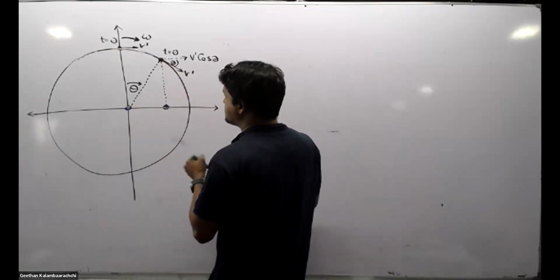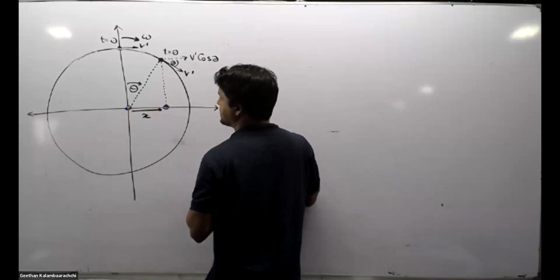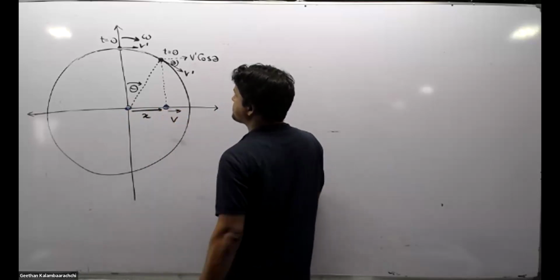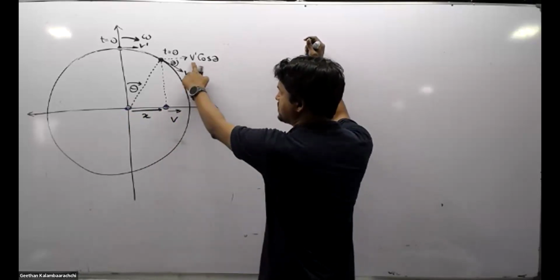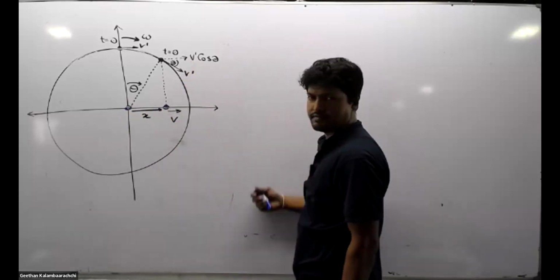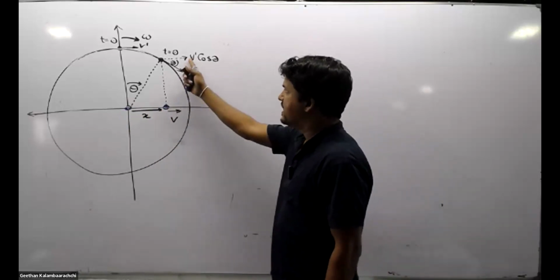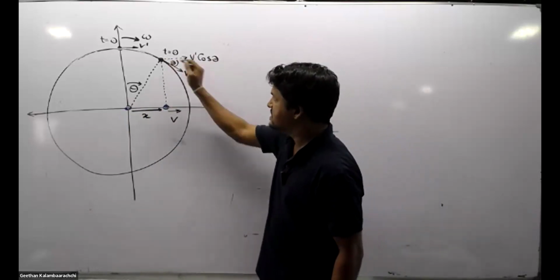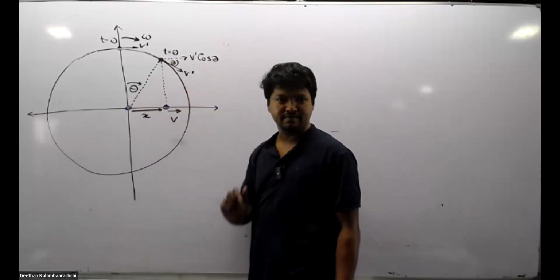Now it has already made a displacement of x. If you call it v, this v is equal to v dash cos theta. Do you agree? Why? Because this and this move horizontally the same distance at the same time.